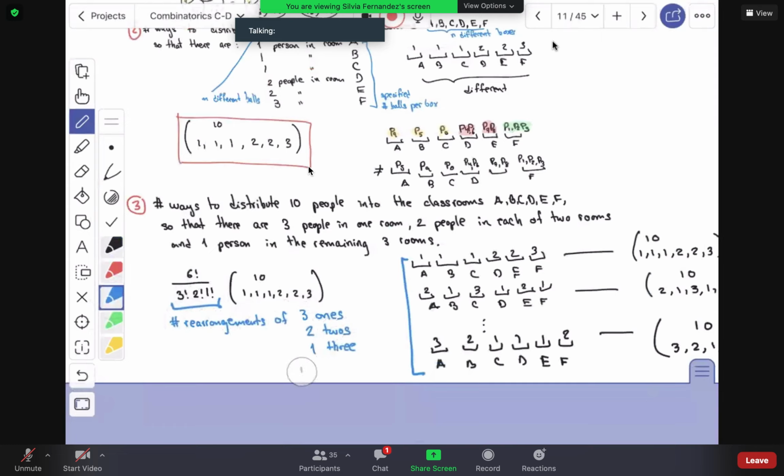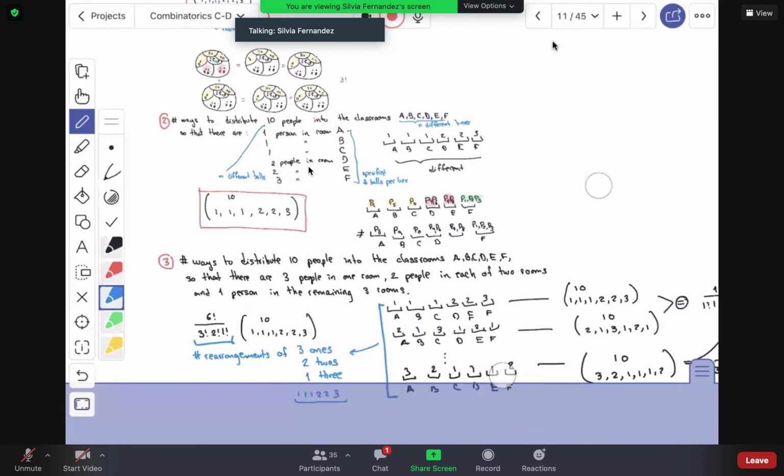Yeah, so rearrangements of 1 1 1 2 2 3, which is this over here. So we're still using that column, but we're using it many times. That's what we get.